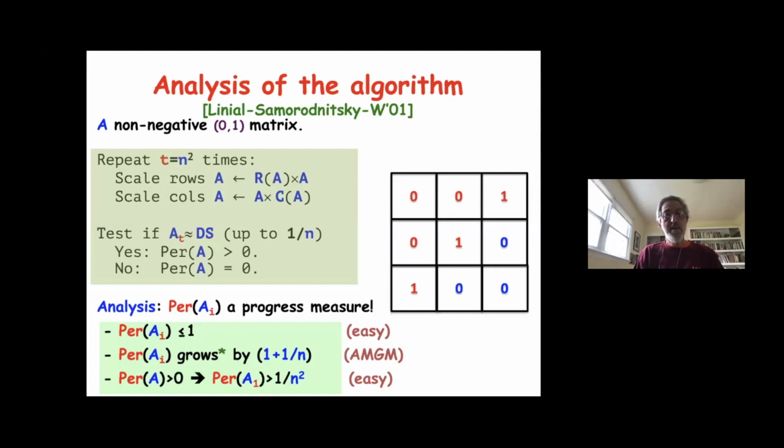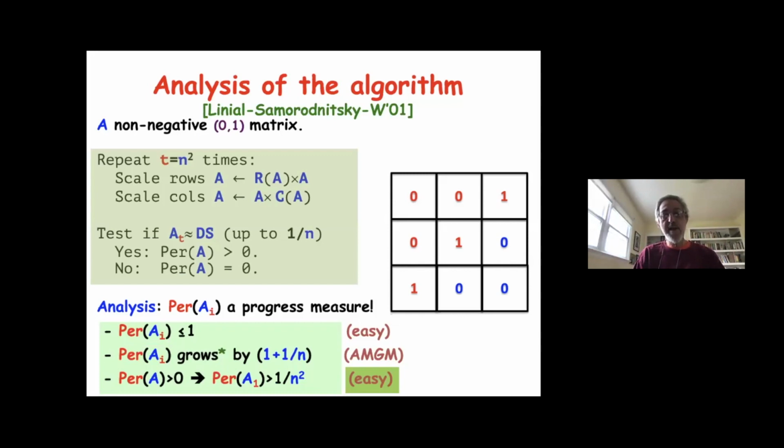And you want to prove that if the permanent is positive, then you start from a matrix where the permanent is not too small, so the number of iterations will be small. In this case, it would be maybe n squared steps. And these are all easy, but let me show them to you.